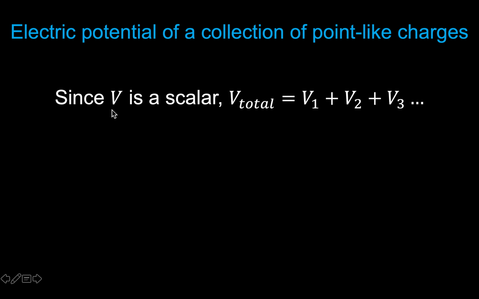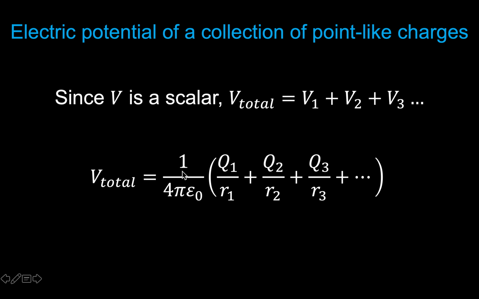We're going to present here that since electric potential is a scalar, the total electric potential, V1 plus V2 plus V3, because of some collection of point charges, is just the algebraic sum of the electric potentials 1, 2, and 3, however many you have.